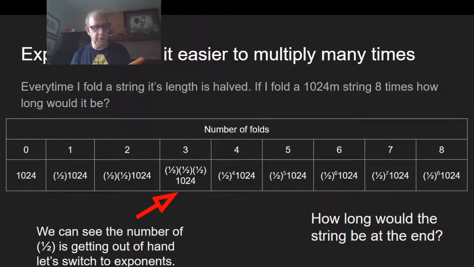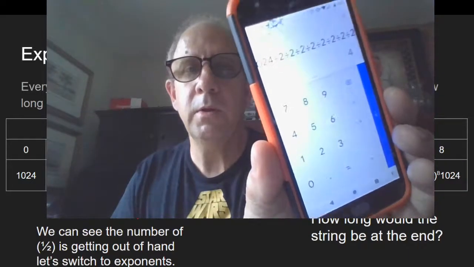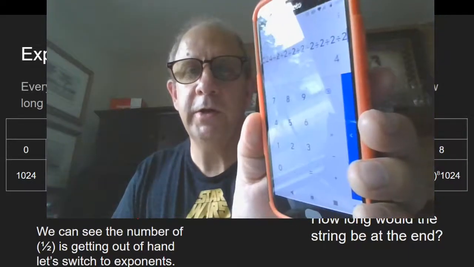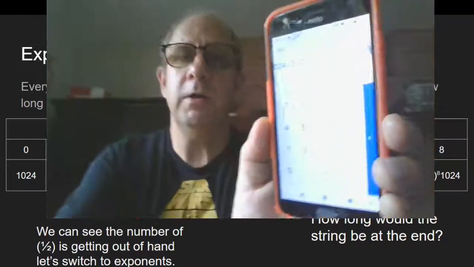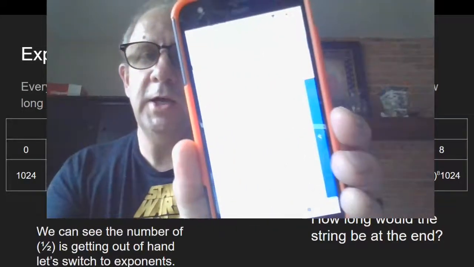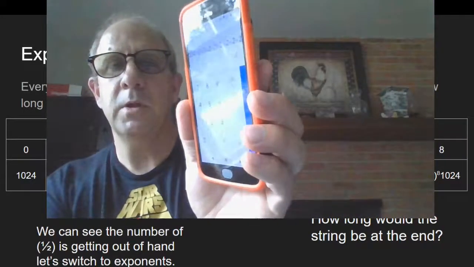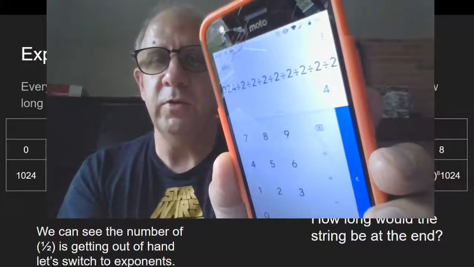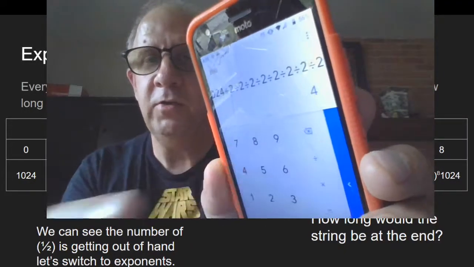So if I put it in my calculator and I put 8, 1, 2, 3, 4, 5, 6, 7, 8, right? So here it is 8 times. Oops. If you count it, can't really see it with the glare. I do it 8 times. You can see the answer is 4. There you go. And you can count the 2's. I'm dividing by 2 8 times.